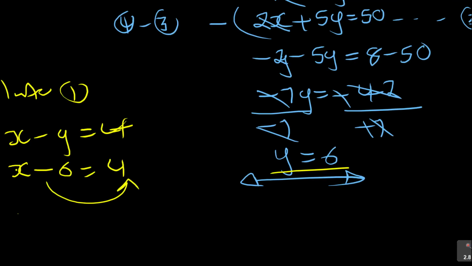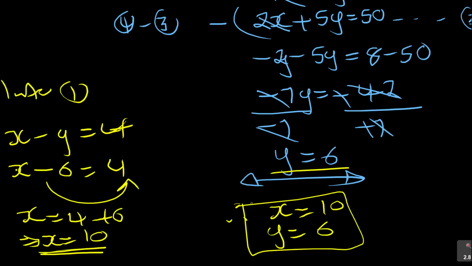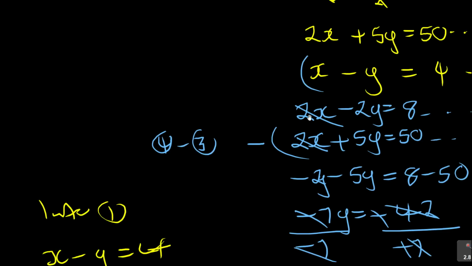Take 6 to the other side. x is equal to 4 plus 6, which is equal to 10. So when you're writing it, therefore, x is equal to 10, y is equal to 6. This becomes the final answer. But as I said, it's up to you.